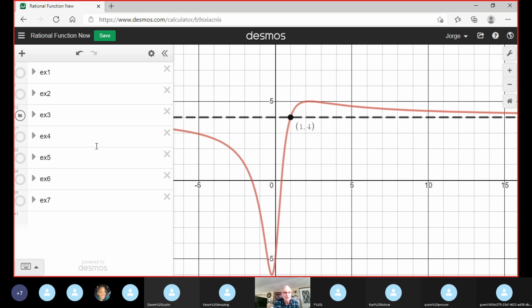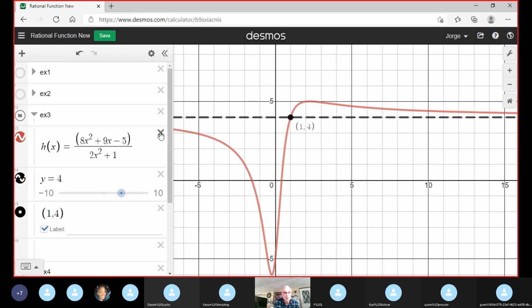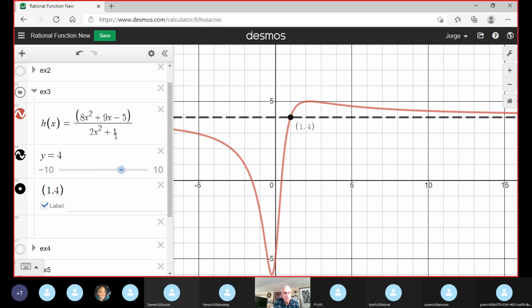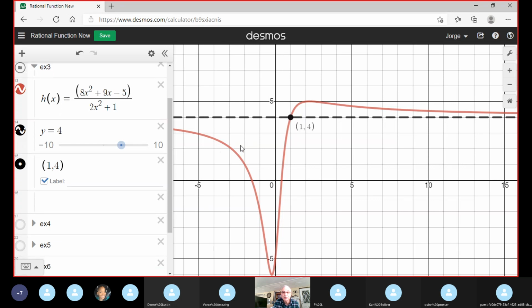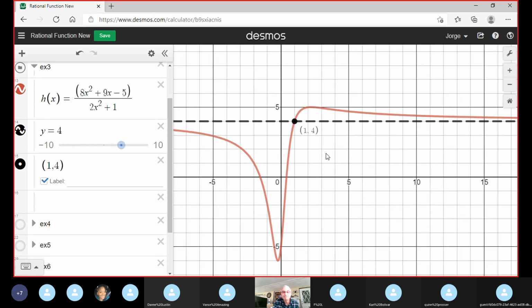This is example 3. This is my function. I type in here 8x squared plus 9x minus 5 at the top divided by 2x squared plus 1 at the bottom. And the famous horizontal asymptote is at y equals 4, and the super famous point where it crosses is 1,4. End of the story.